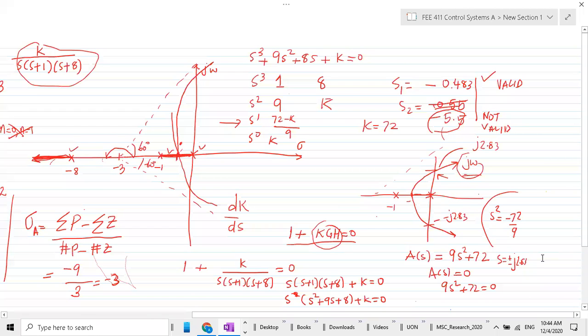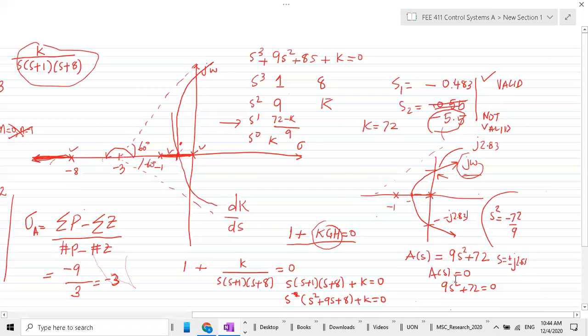I've not quite gotten it. So I start from the Routh table. Yes, just the part where you've gotten the equation 9s squared plus 72.